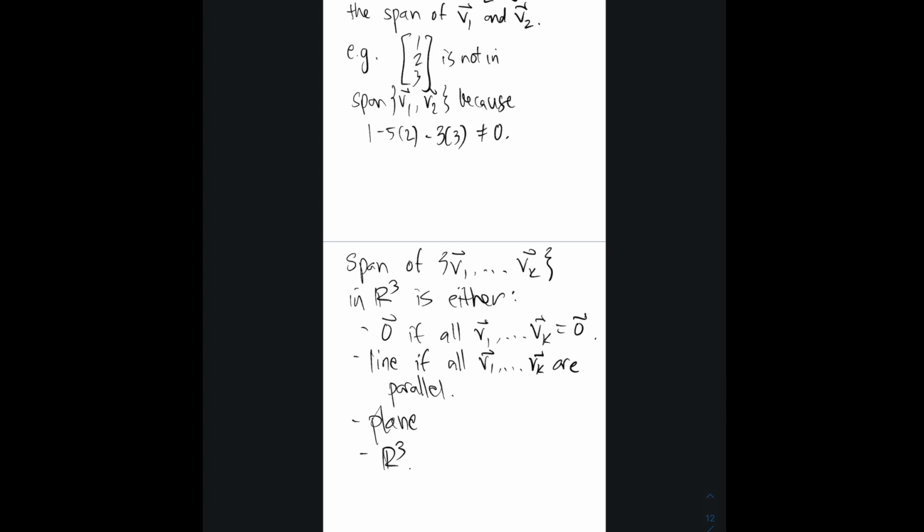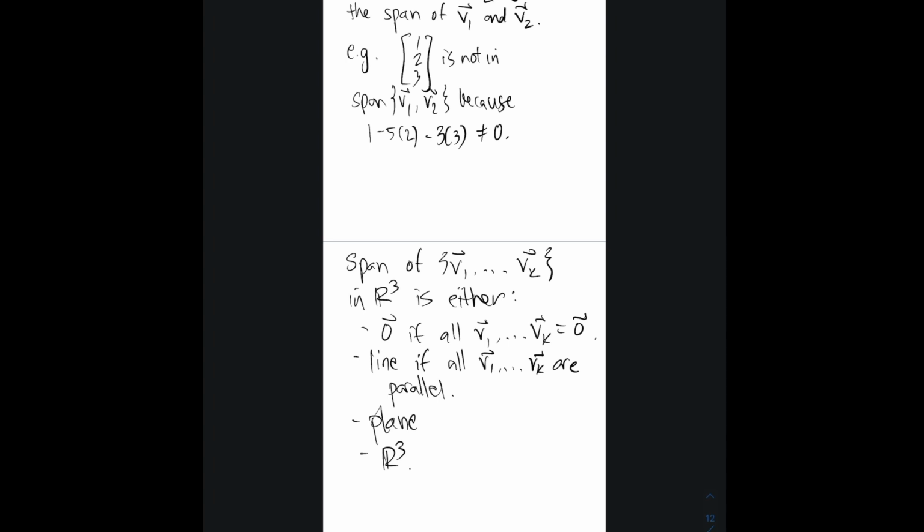If you have three vectors and two of them are non-parallel, then you're definitely going to get at least a plane. If the third one is a linear combination of the first two, then the span doesn't get any bigger, and you're still left with a plane. But if the third vector is not in the span of the first two, then you span more things, and so you get R3. So hopefully this gives you some intuition about the span.